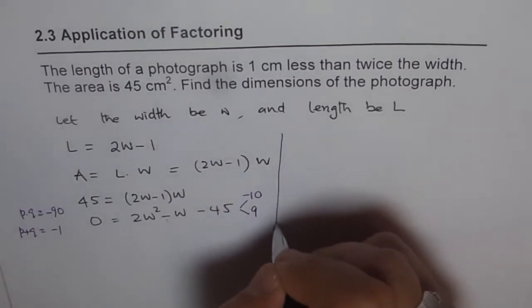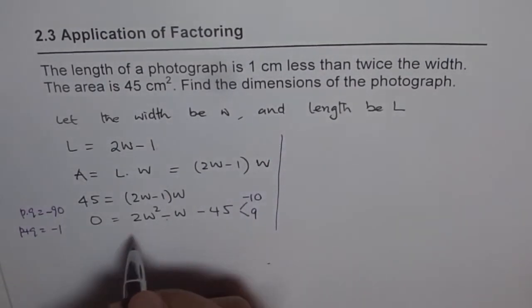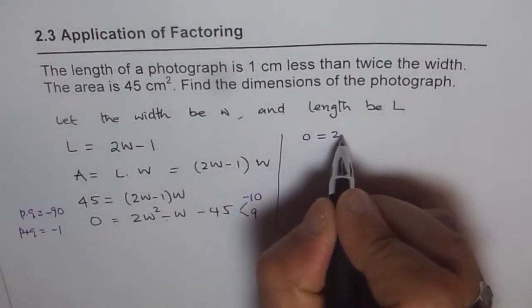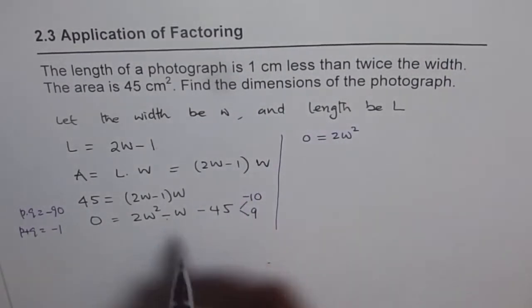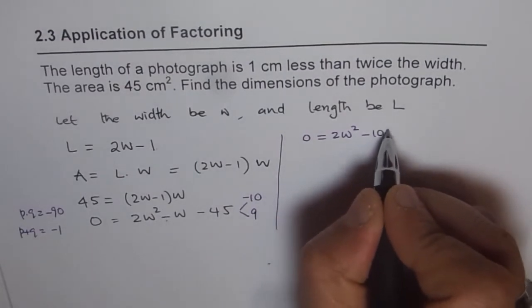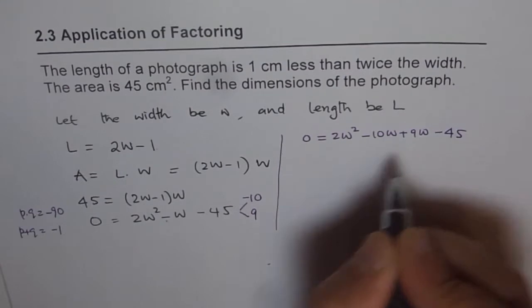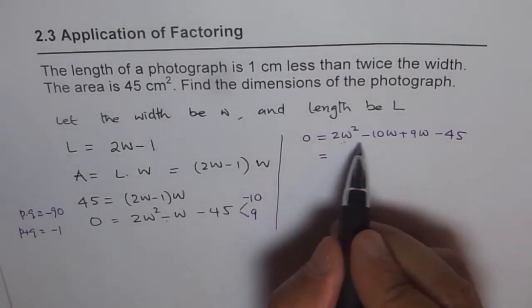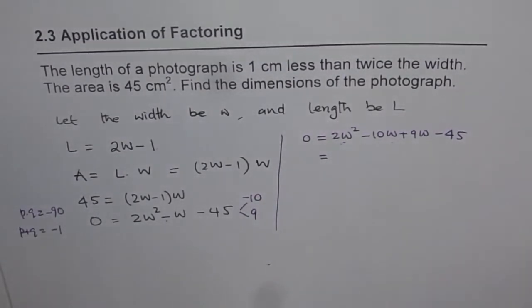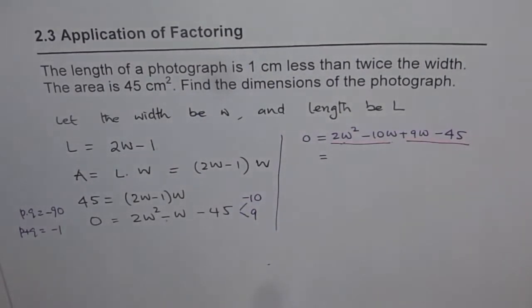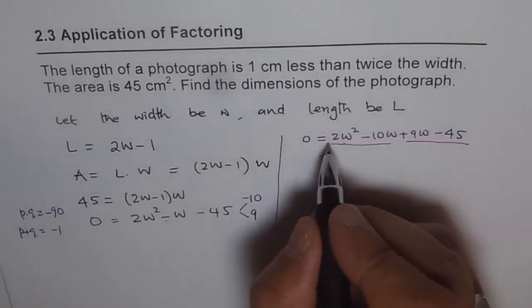So let's factor this. You could write this as 2W squared, and we will decompose minus W as minus 10W plus 9W minus 45. And now factor this. In these first two, let's group them. So you can group two each, right? In the first two, 2W is common.